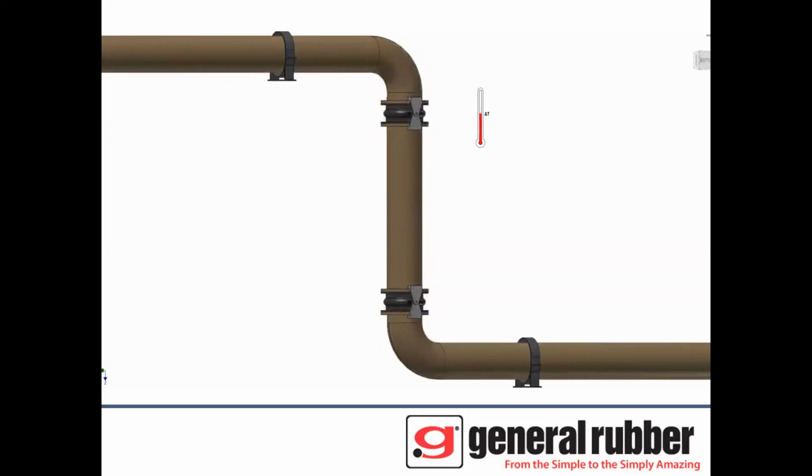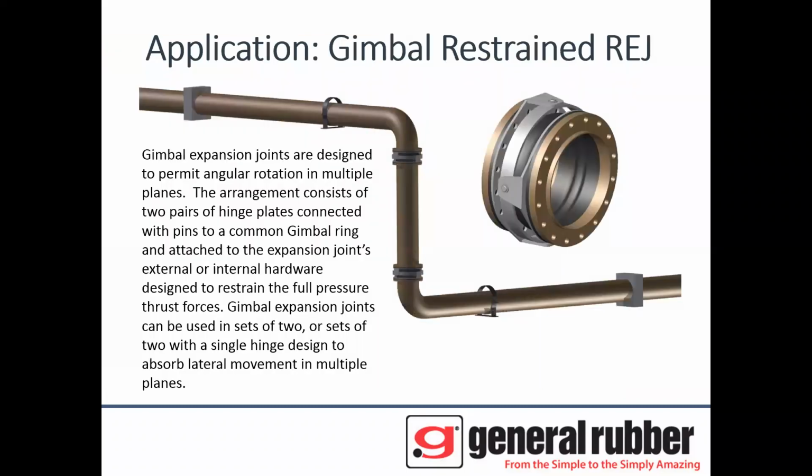I hope you can visualize there that the hinge is pinned, so there is no extension happening at the joint, so it's holding the pressure thrust force in the pipe while moving in that angular and lateral direction.